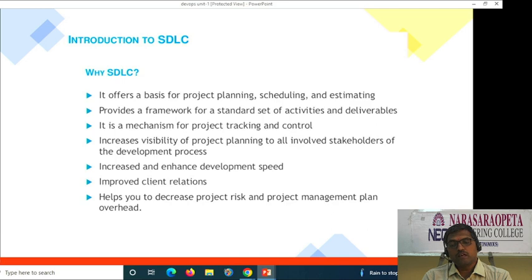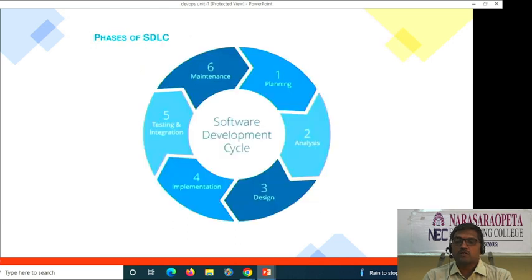So these are all in your minds, and only then do they record it as SDLC. That is the reason you have to come to the software development life cycle. So these are all the pinpoints that come into the picture.